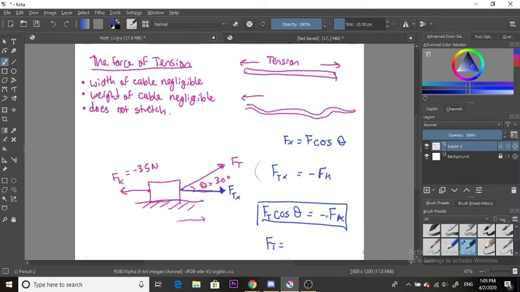Ft would be equal to negative Fk divided by cosine theta. So negative 35 over cosine theta. When I calculate that, and make sure that your calculator is in degrees and not radians, this will give me a tension force of 40.4 newtons.